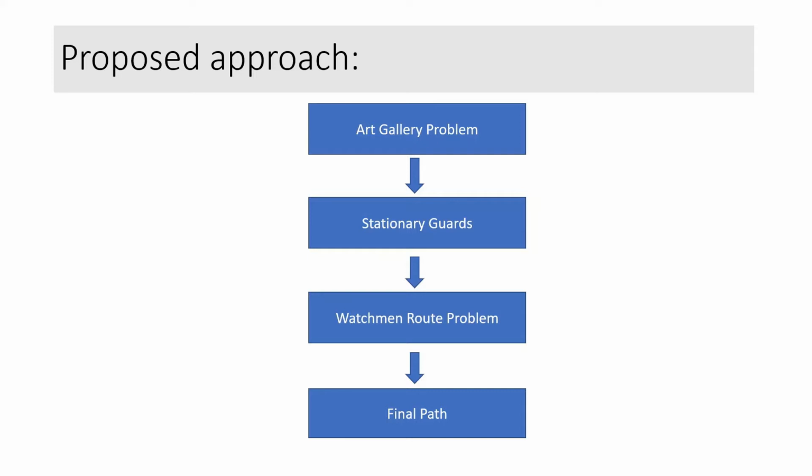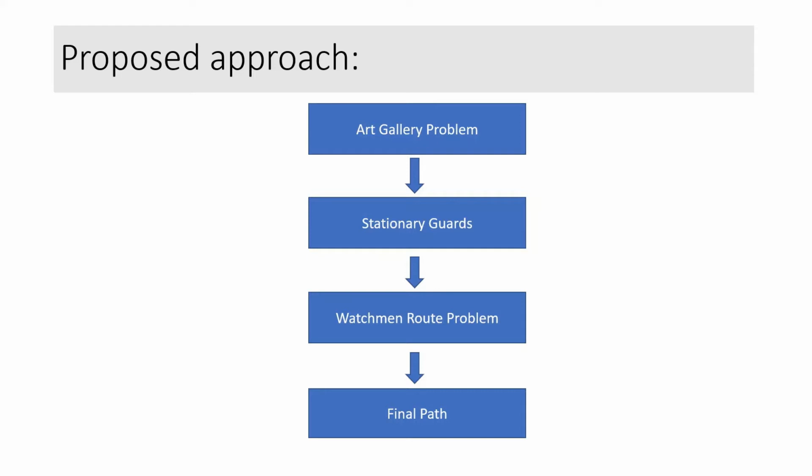And our logic is that if the stationary guards are at their optimal location, connecting them in the shortest possible path should also ensure that the watchman, if he traverses this path, will guaranteedly view every single edge of the polygon at least once.